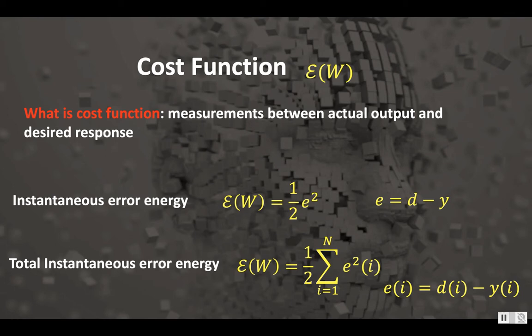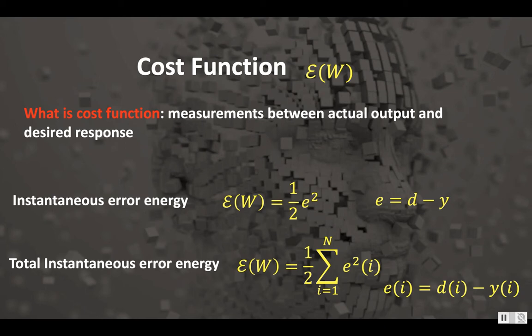If we forget all the terminology from our textbook or from the internet, and just use our own language, this is my definition: the cost function measures the difference between the actual output and the desired response. This is basically my understanding of the cost function.